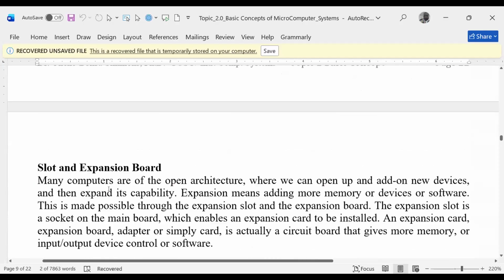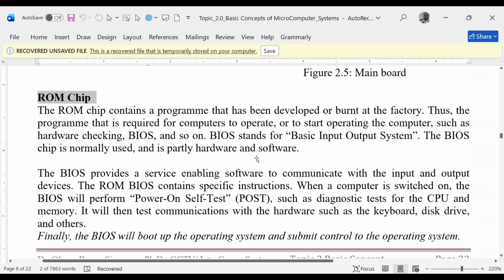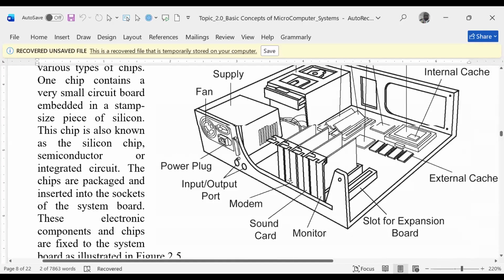Good. Then there's something called a slot or expansion board. At the back of the PC is the expansion board or slot, where external devices like a modem, sound card, monitor, or TV card can be connected.